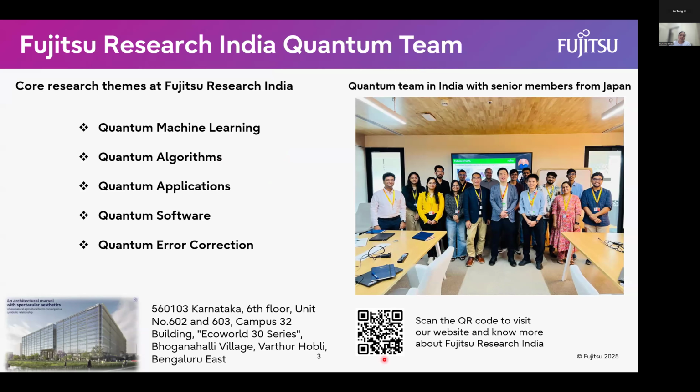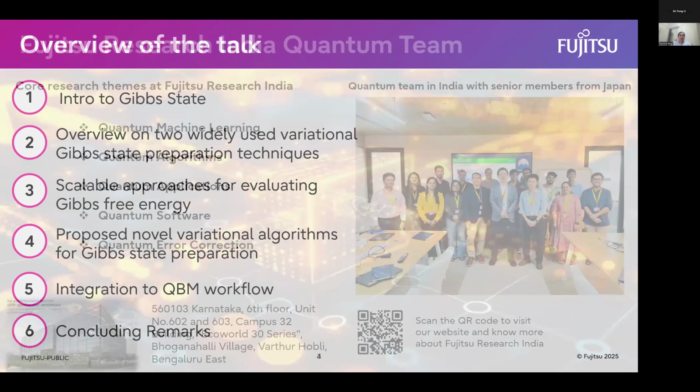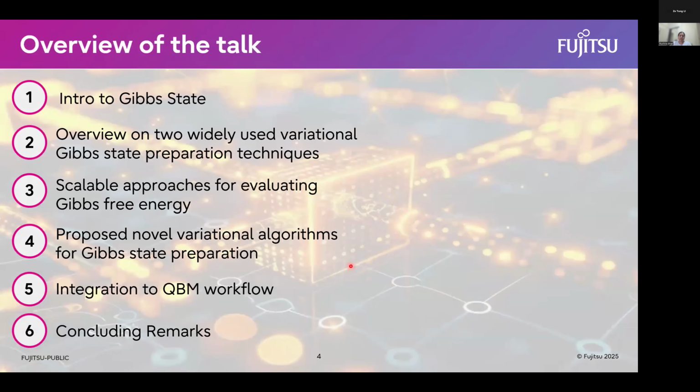So with this brief introduction, now I would like to give you all a brief overview of what I will be talking about today from the technical side. I will spend first around 10 minutes or so on an introduction to Gibbs state, the different or widely used variational techniques for Gibbs state preparation, and some scalable approaches which people have attempted.